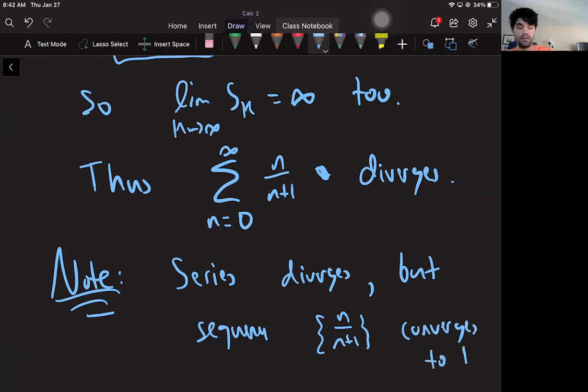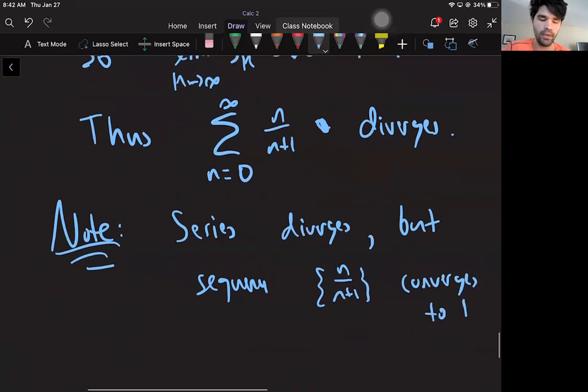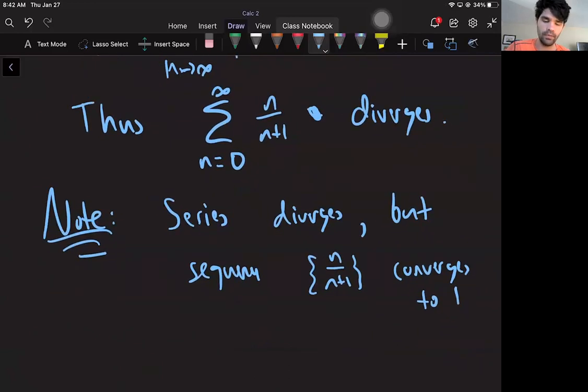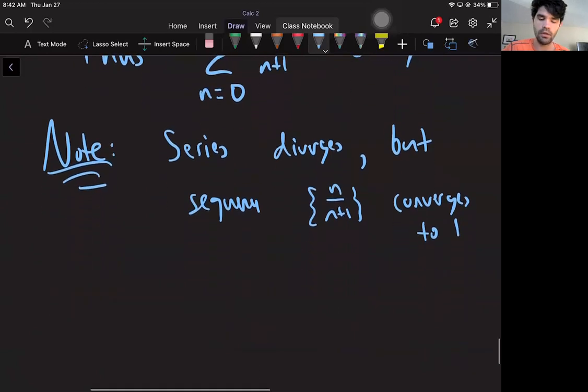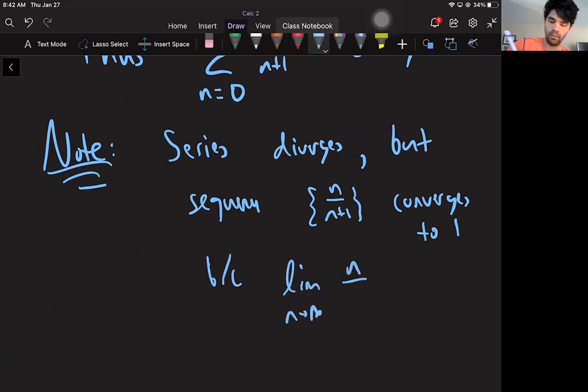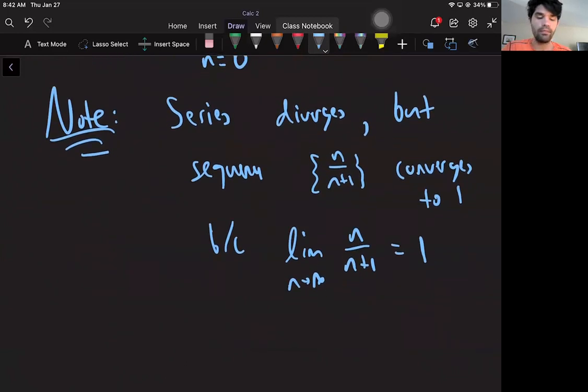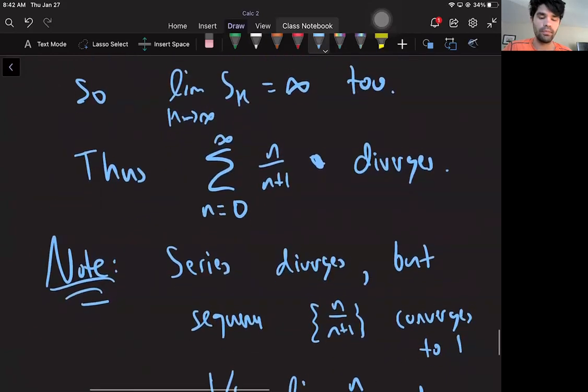The difference is the sequence is just where is the list of numbers heading. The series is what are they adding up to. And here they add up to be too big, so they go to infinity and they diverge. But as a list of just numbers, they go towards 1. And that's because you just do this quick limit here, and you're not dealing with the partial sums, and that just becomes 1. Using whatever rule, you can use L'Hopital's or whatever you want, but that'll be 1.